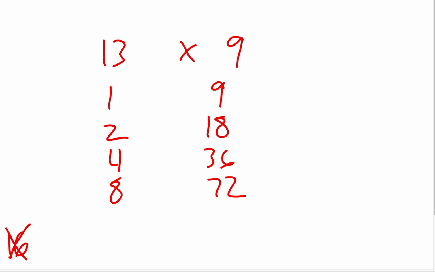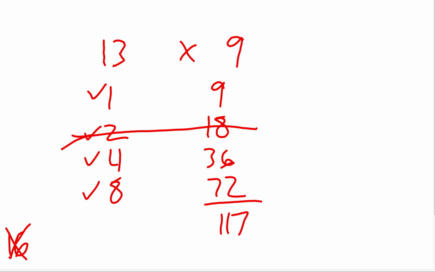But now to make 13, I would need the 8, the 4, and the 1. 8 plus 4 is 12, plus 1 is 13. So I would add 72, 36, and 9 together, and the answer I'm going to get is the exact same thing as 117. So it works for both sides.